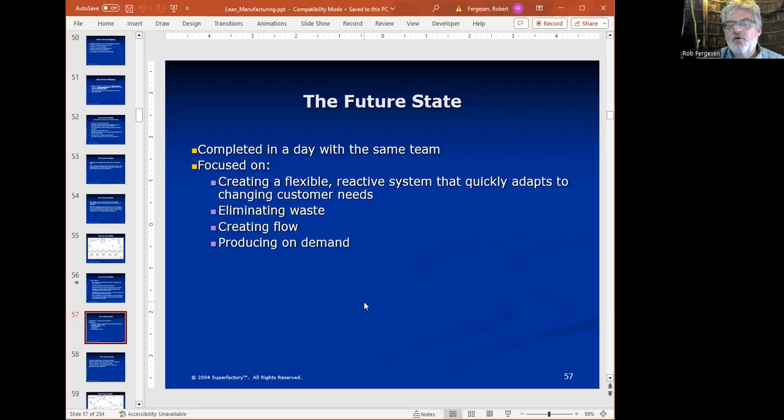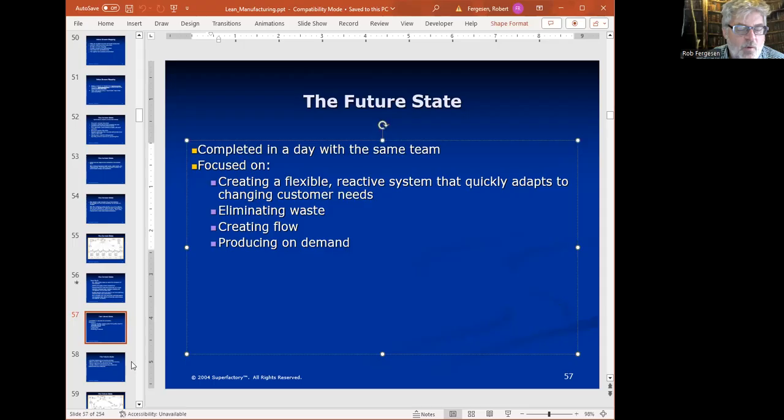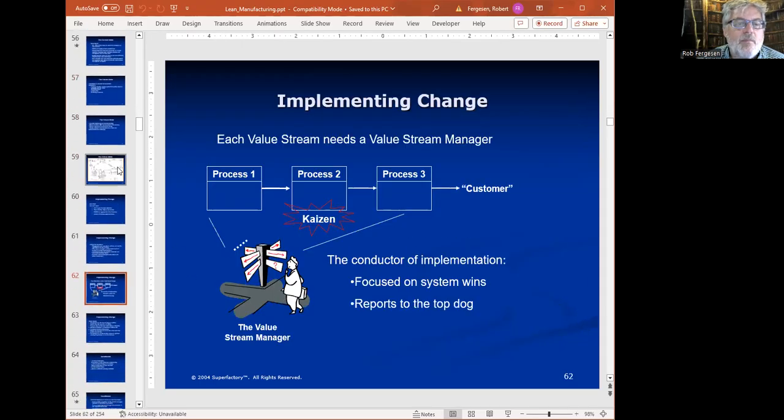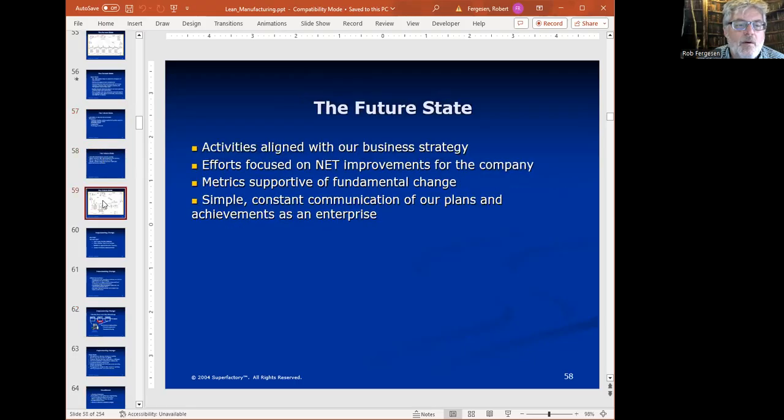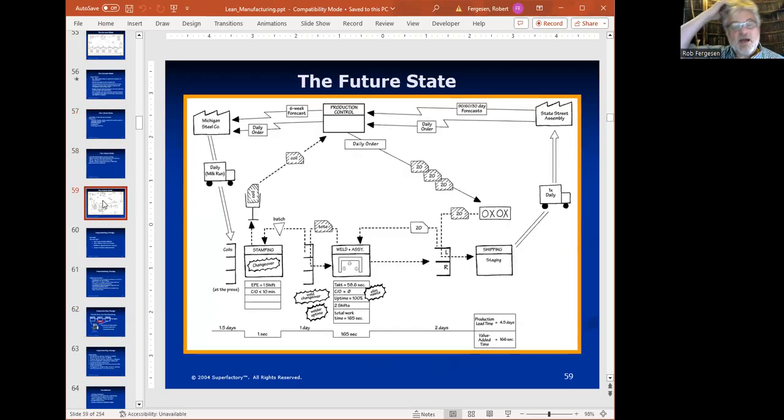So developing the future state is where the brainstorming comes in, and here we talk about how they would want you to do that. And here we can see how that particular team came up with their future state. They took out the extra welding, and they changed the process to go from a stamping to a combined welding assembly work cell.